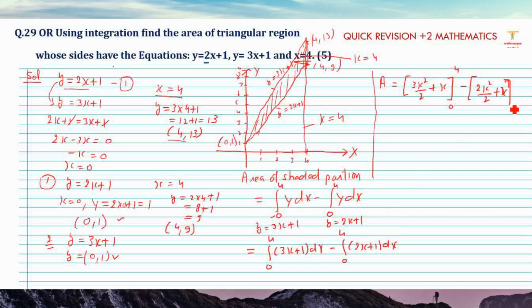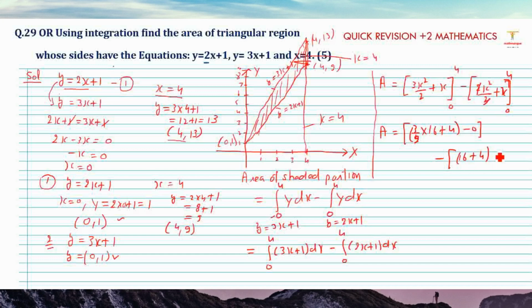So now you simplify it further. You get 3 upon 2 into 16 plus 4 minus 0 minus. Here you can simplify it further. You get 4 into 4, just 16, plus 4 minus 0.